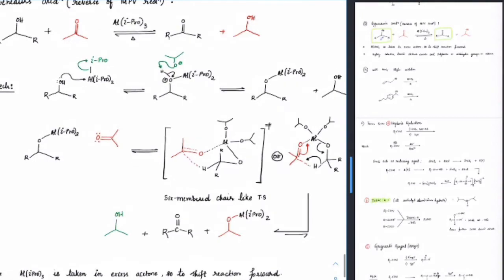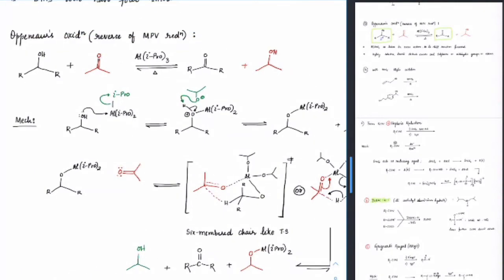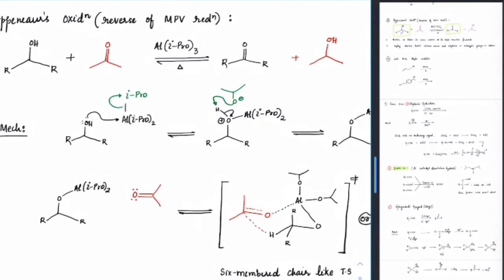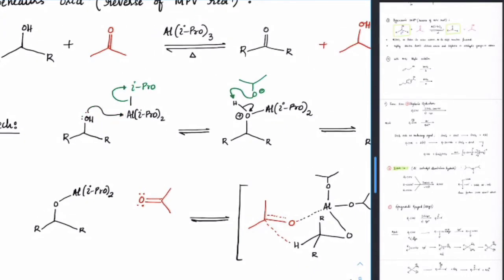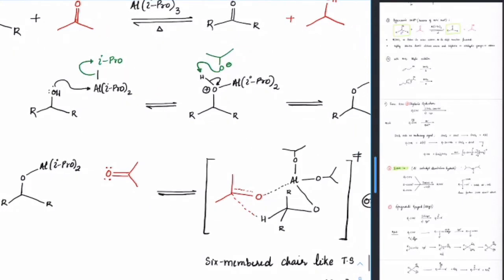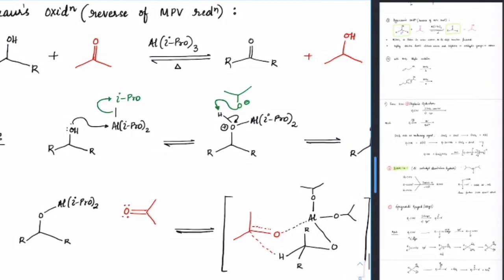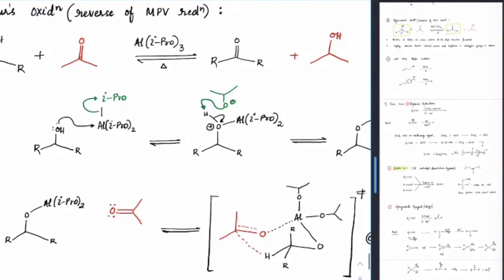See the mechanism, it is exactly the opposite of MPV reduction. First the lone pair attacks the aluminium, and an isopropoxy group will come out. The isopropoxy group which has come out will take away this proton and become an alcohol. So the acetone part, if you check, can be retained as an alcohol here.